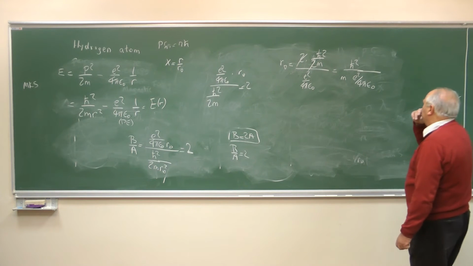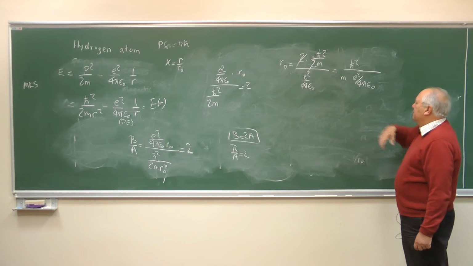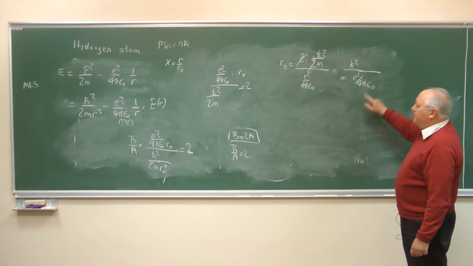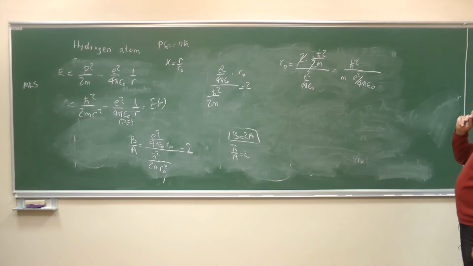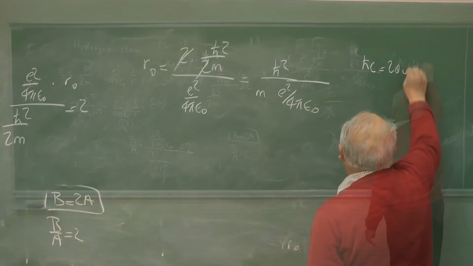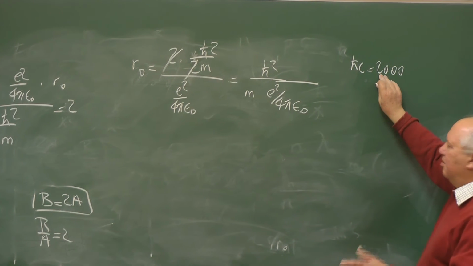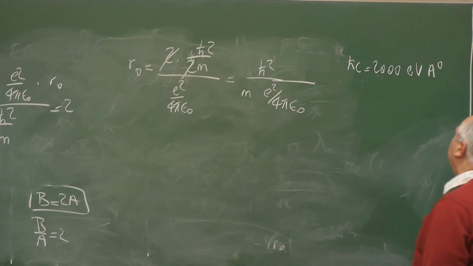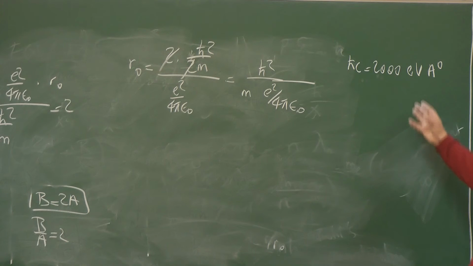So no physicist really memorizes how big h is in MKS, or m, or e square, or epsilon zero. We make life simpler in atomic physics by such combinations. For example, h bar c is, this is not exact, approximately 2000 electron volt times angstrom. So the appropriate energies are electron volts, and the appropriate size is 1 angstrom. All right.